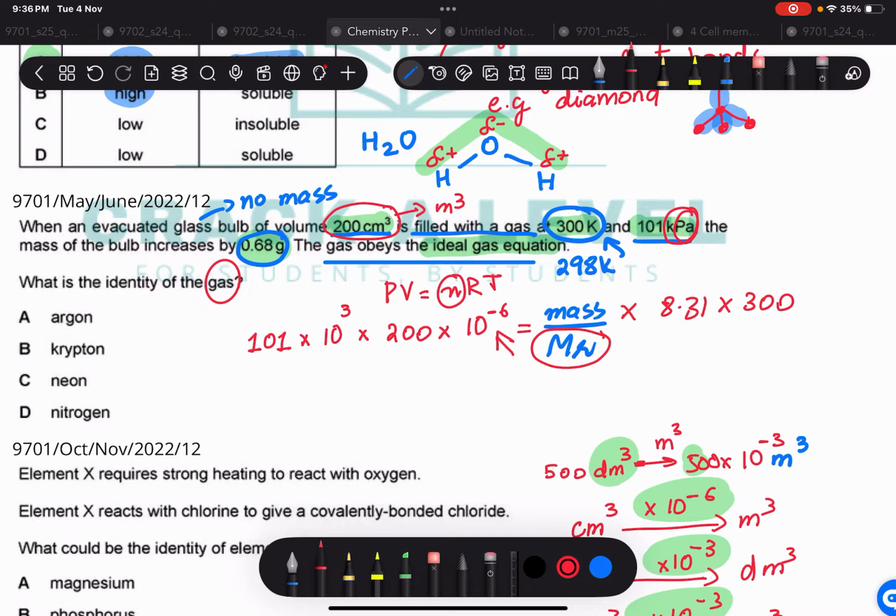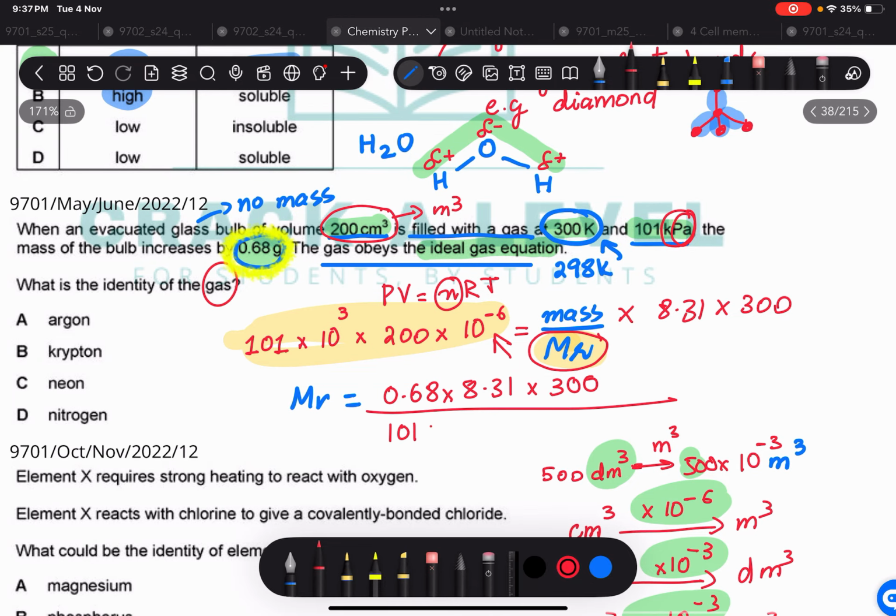We move MR to this side and this entire expression goes below. So MR equals mass, which is 0.68 grams, so 0.68 multiplied by 8.31 multiplied by 300, divided by 101 into 10 raised to power 3 multiplied by 200 into 10 raised to power negative 6.